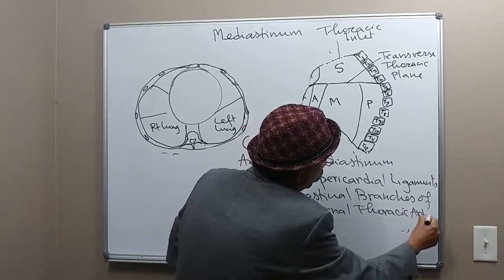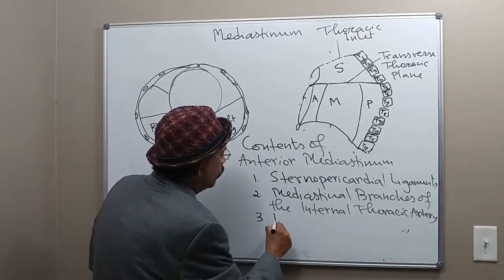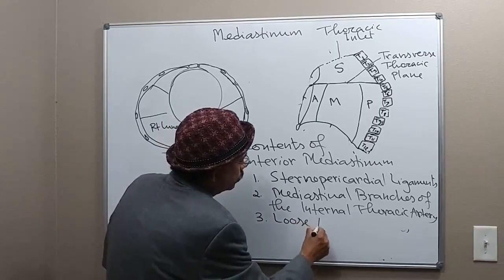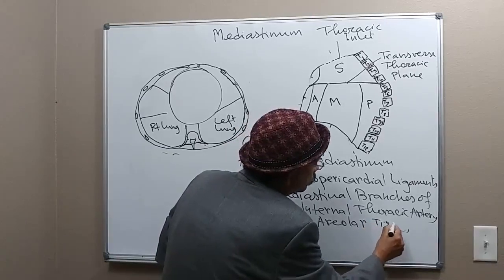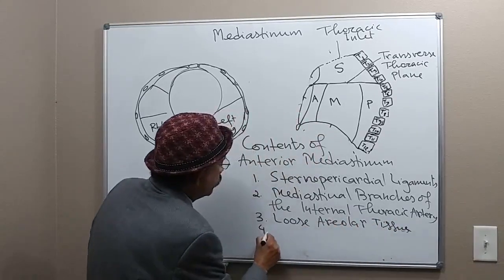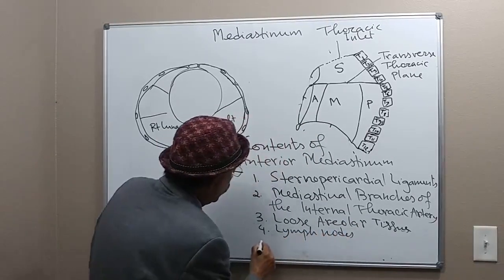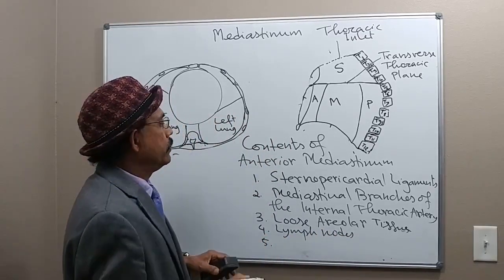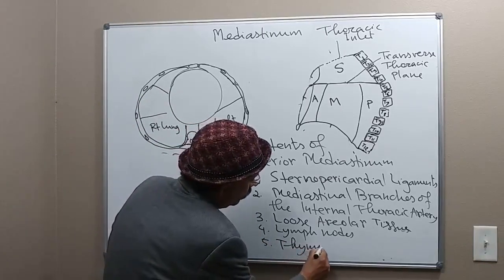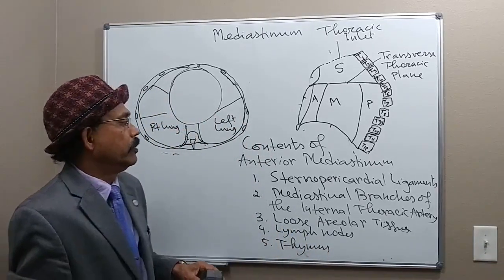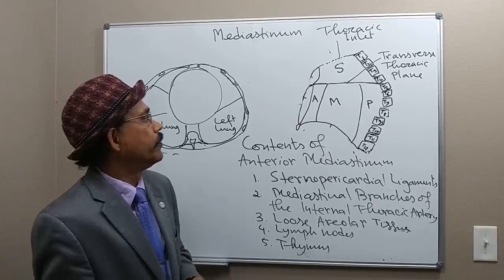It contains loose areolar tissue, it contains lymph nodes, and it may contain the thymus, especially in children. It may or may not contain the thymus. So these are the contents of the anterior mediastinum.